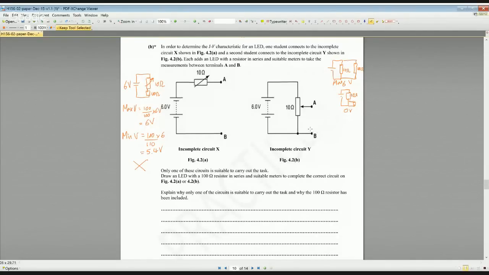So the first step we need to do is to draw the circuit, and we need to use the right equipment as well. So we need to put an ammeter in there, and then our LED. It doesn't matter which order we draw these actually.